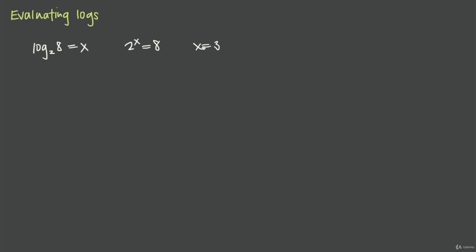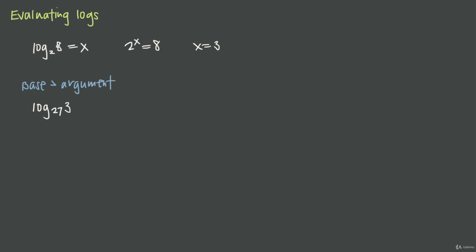But sometimes things are going to get a little bit more complicated and difficult, and so we'll have to do a little bit more algebra to figure out the value of this unknown, wherever the unknown happens to be. So for instance, sometimes we're going to have the case where the base of the logarithm is greater than the argument. So in this logarithm, and all the ones we've looked at so far, the base is less than the argument.